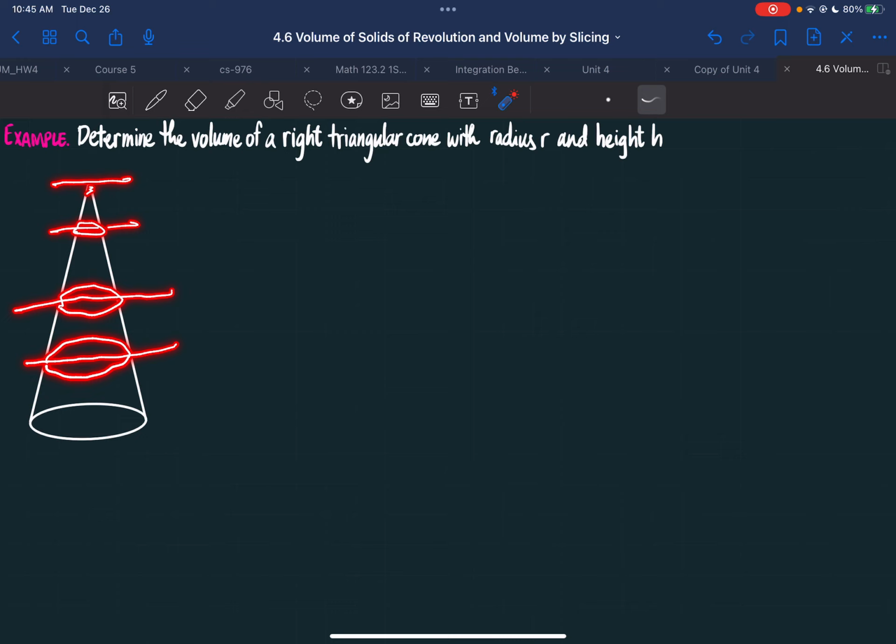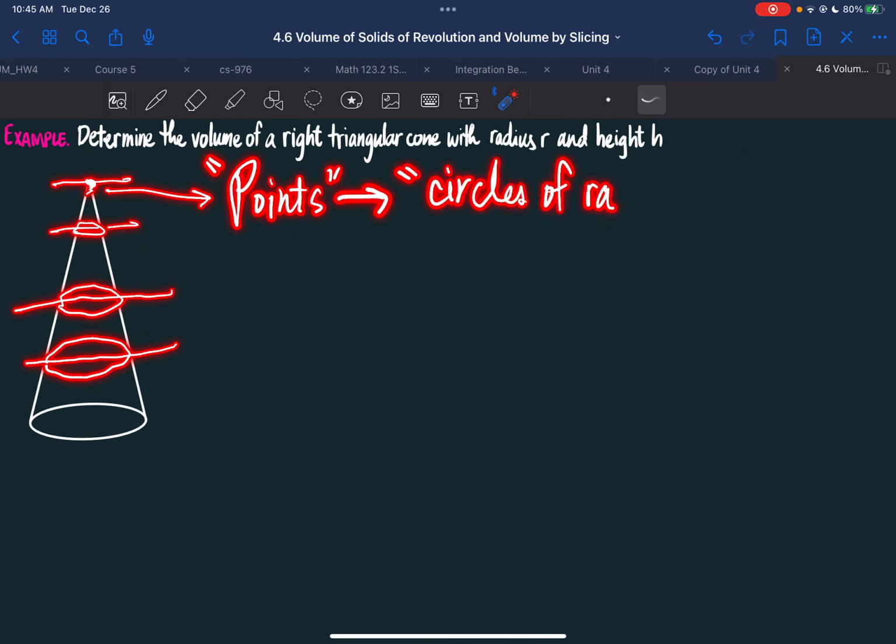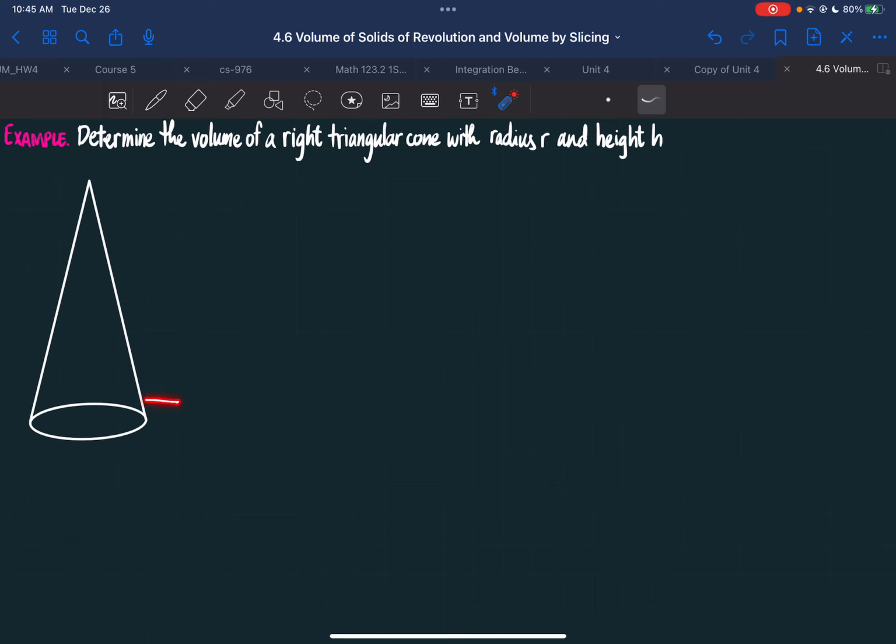If you slice at the very top, what you'll get is a point, but you can think of points as circles of radius 0. So what we have demonstrated is whatever you do, as long as you slice horizontally wherever you want, what you'll get is still a circle.